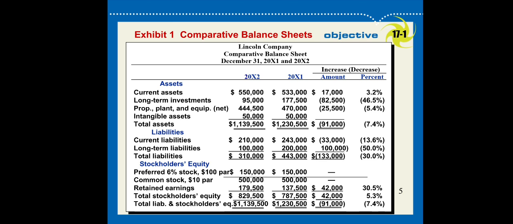So if you only see the total asset, you will say that the company is getting worse because asset has decreased by 7.4%. But when you check the total liabilities, you see that the total liabilities has decreased 30.0% in total.